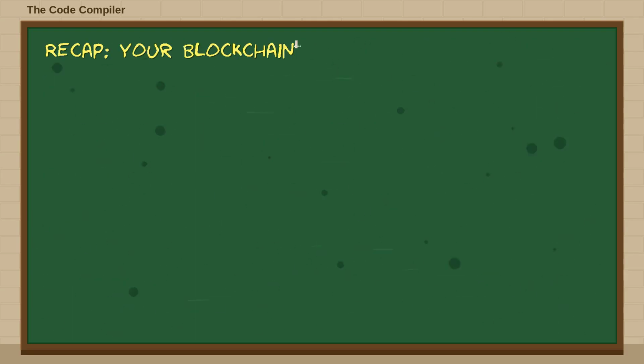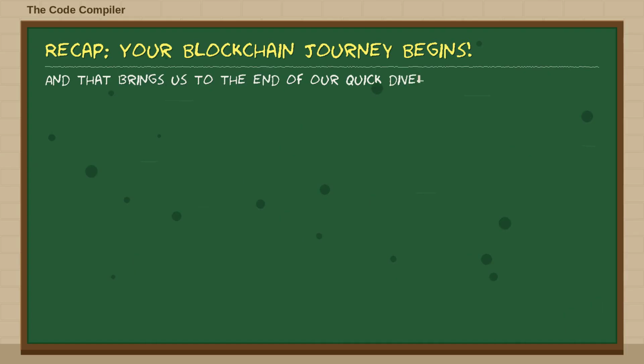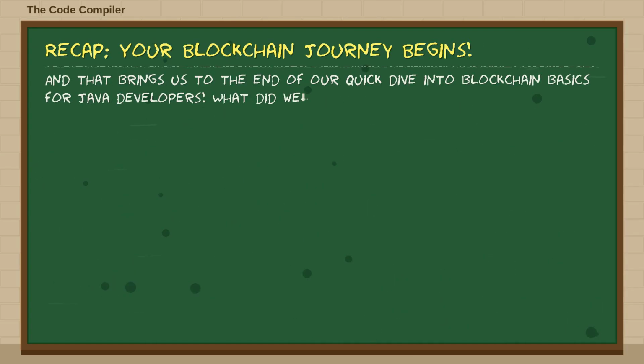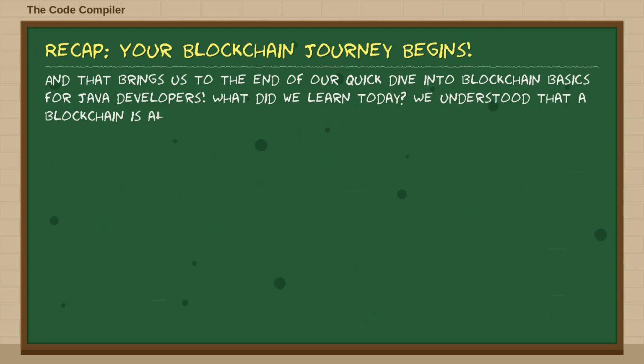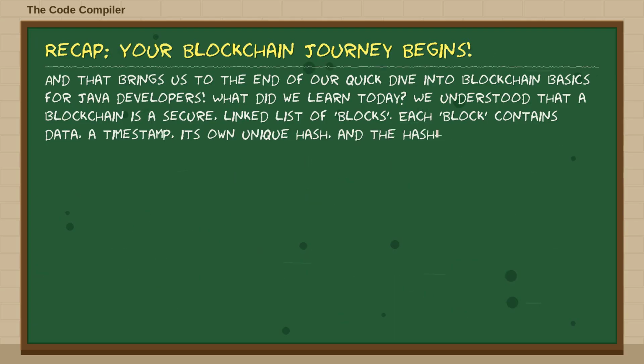And that brings us to the end of our quick dive into blockchain basics for Java developers. What did we learn today? We understood that a blockchain is a secure, linked list of blocks. Each block contains data, a timestamp, its own unique hash, and the hash of the previous block.